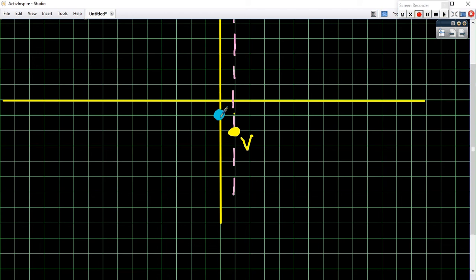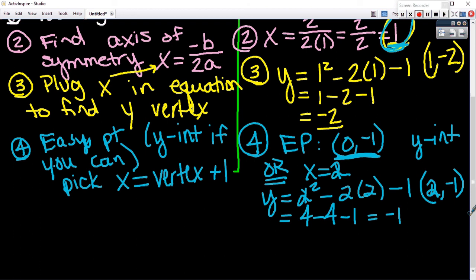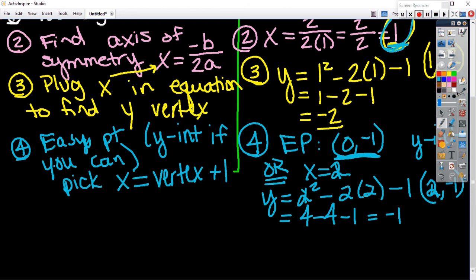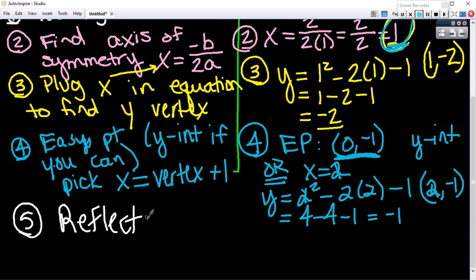All right. Last thing I do, because this graph is symmetric and I've got a line of symmetry, the only thing I have left to do, I call this step reflect, because I'm reflecting over the axis of symmetry, and connect.